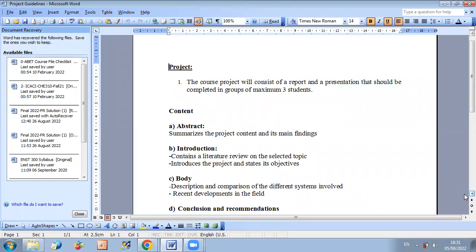And AUB Libraries offers you articles in very important journals. So you have Elsevier journals, you have, let's say, Building and Environment, Energy and Buildings, Energy and Simulation. So you have a lot of journals that you can work with related to the engineering field.